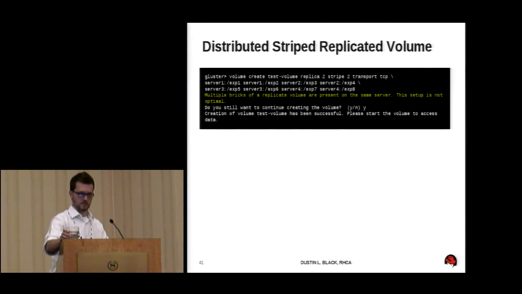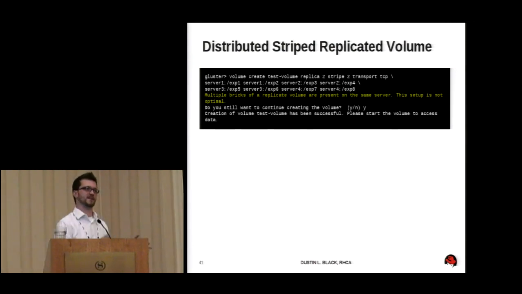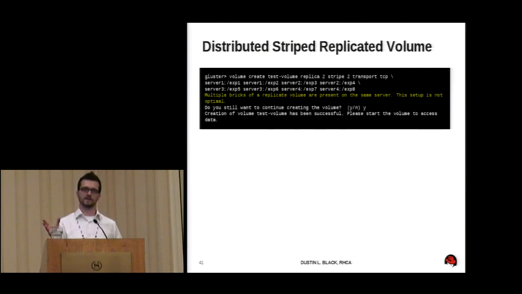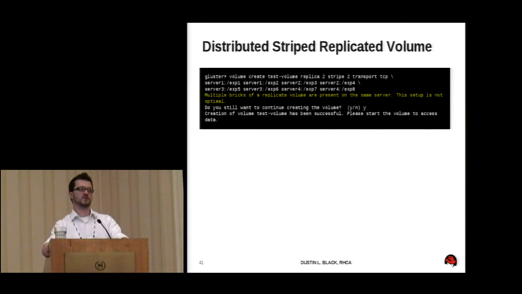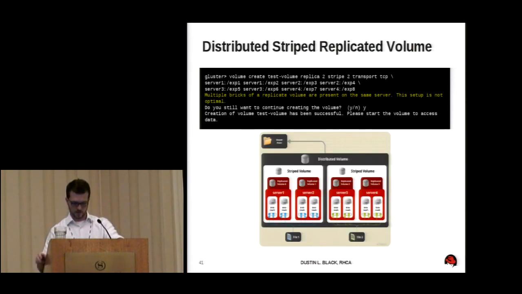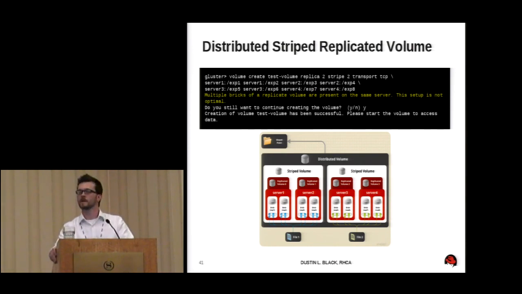So because this is so simple, we're going to jump from that simple scenario to let's put all of the layers in place. And we're going to come back to what we looked at before, which is that distributed, striped, replicated volume. So it was this graphic that we saw before when we put all of those layers together. This set of commands actually shows how to build that environment.